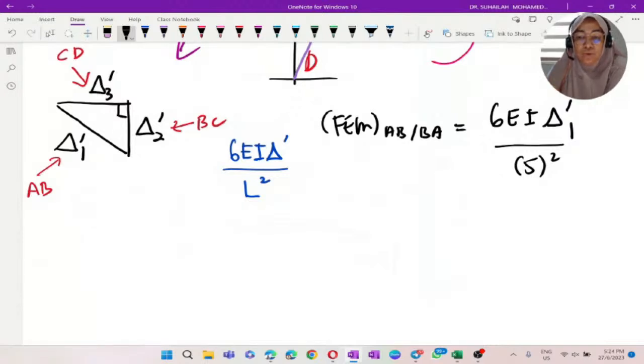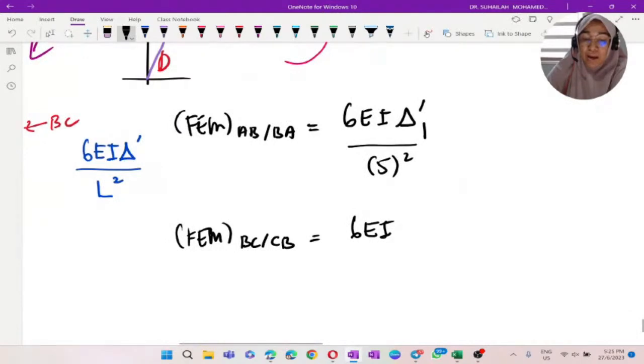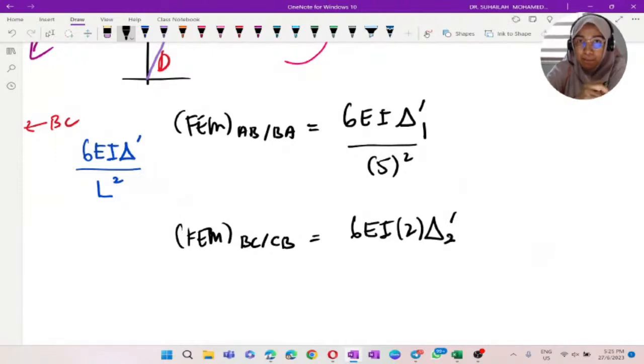Okay, this is the formula for AB, member number 1. So the delta that we use is delta 1 prime. For FEM for member BC, CB, it is 6EI. Don't forget member BC has 2EI, so we have to multiply by 2 here. Delta 2 here. For the beam, we use delta 2, so this is divided by 6 squared.